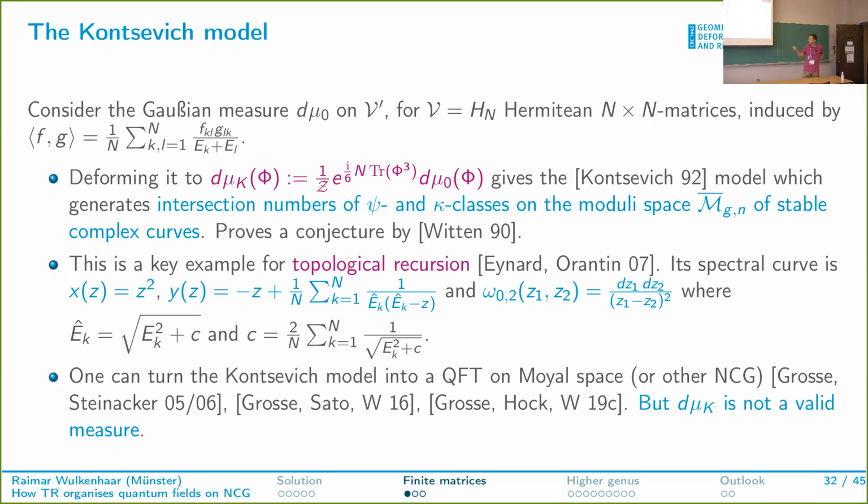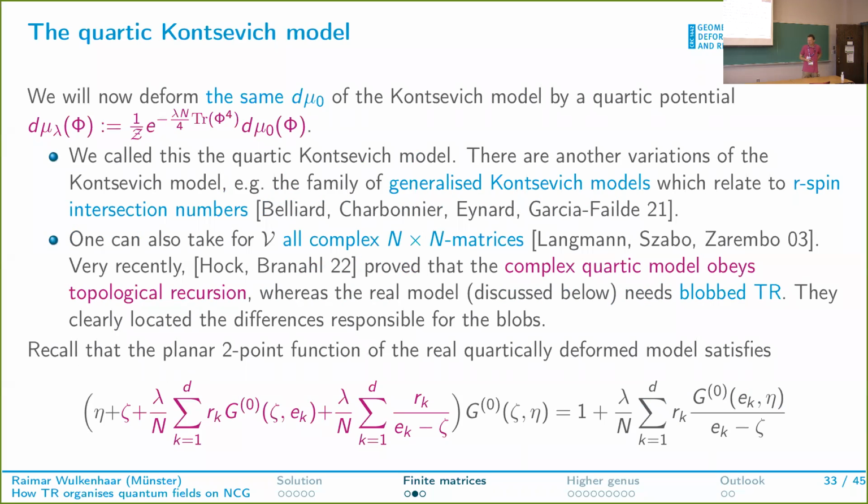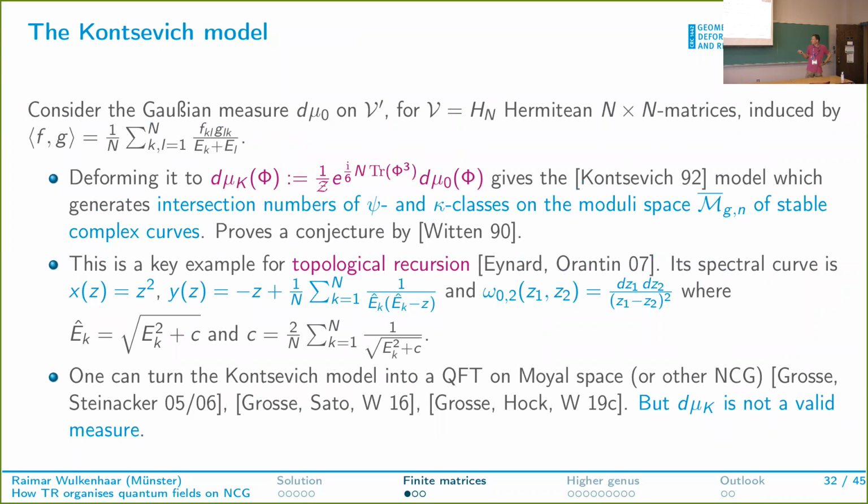So this only makes sense in formal measures, perturbatively. Therefore, we are interested in the quartic case. With the i, everything converges, but then we go negative. So it's a signed measure.